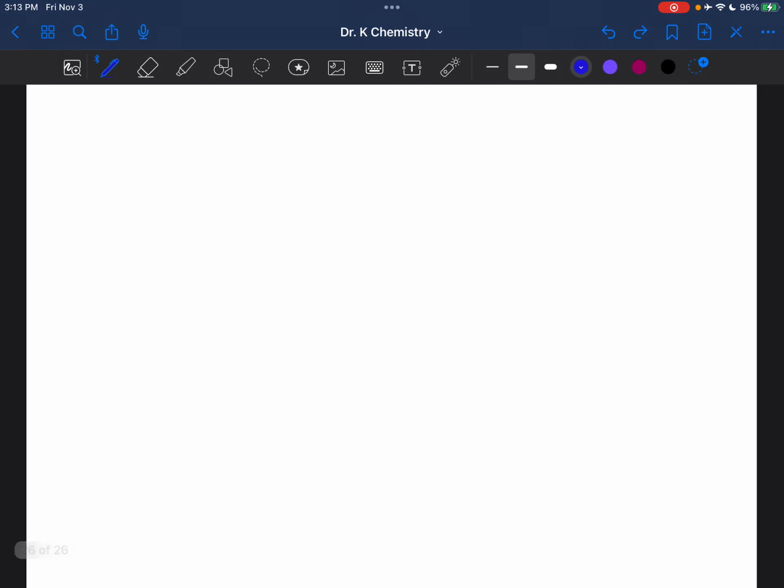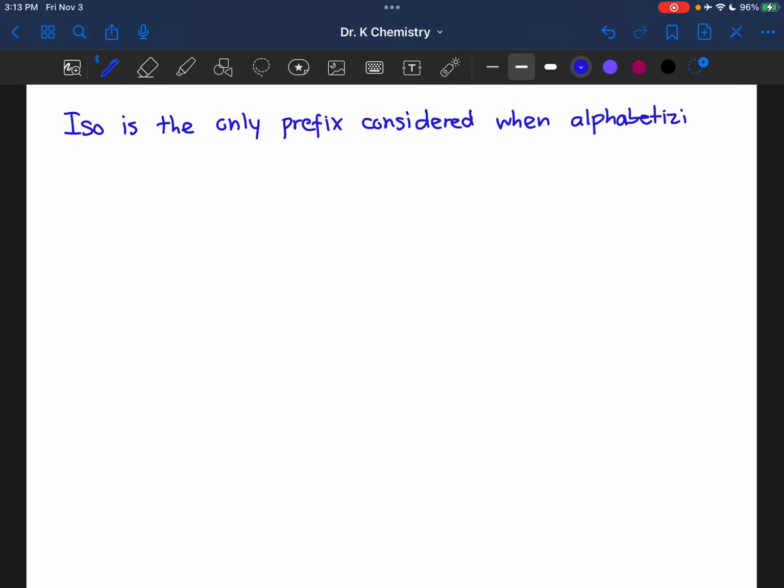And when it comes to alphabetical order, iso is the only prefix that is considered when alphabetizing. Now, the prefixes of the substituents are always listed in the name, but they're not considered when alphabetizing unless it's iso.